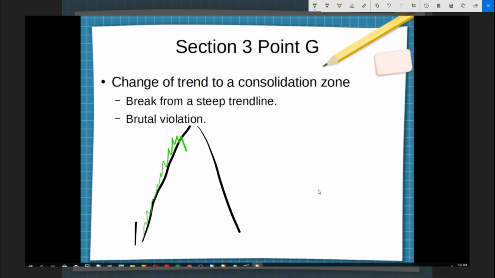When it got broken, generally you can expect a consolidation zone after that. The second situation is when you have a brutal violation of the trend line. For example, in this situation you might have a very sharp descent, and generally you are most likely to have a continuation and/or consolidation.